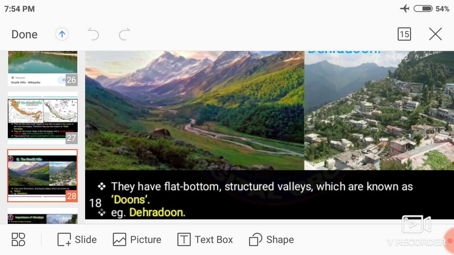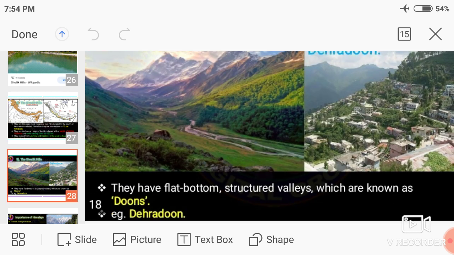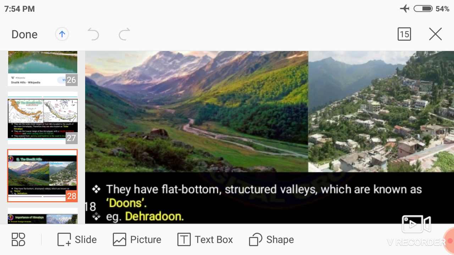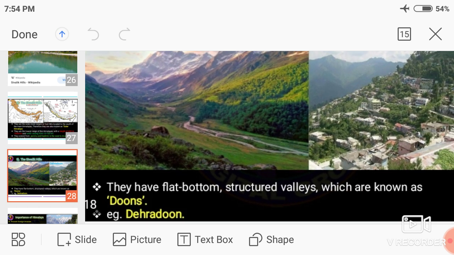Next, they have flat-bottomed structural valleys, which are known as Duns. Very important, keep it in mind.